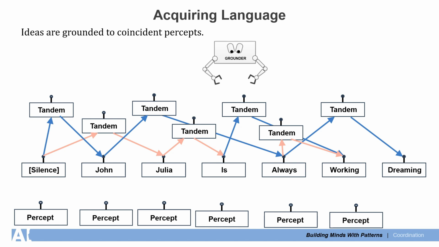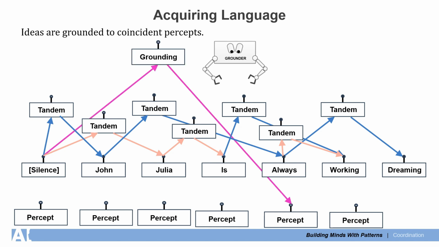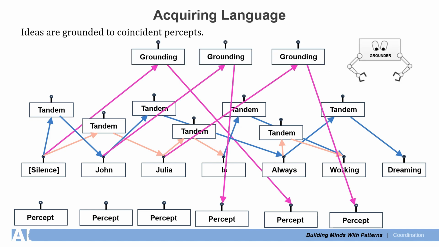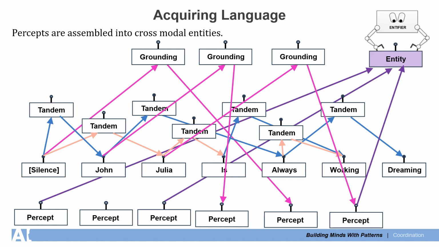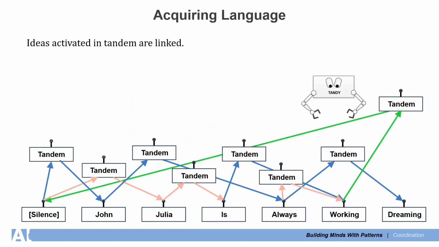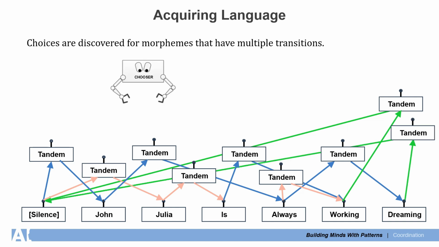The ideas are grounded to coincident percepts. The percepts are assembled into cross-modal entities by the entifier. The ideas activated in tandem are linked. And choices are discovered for morphemes that have multiple transitions.